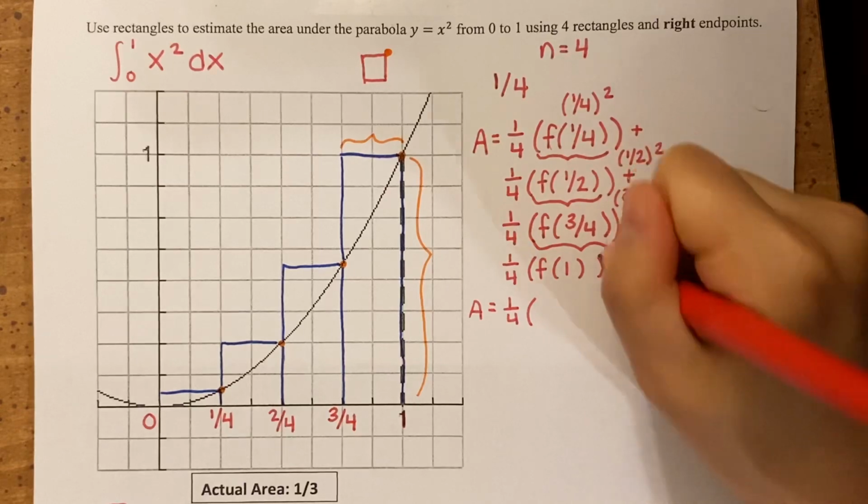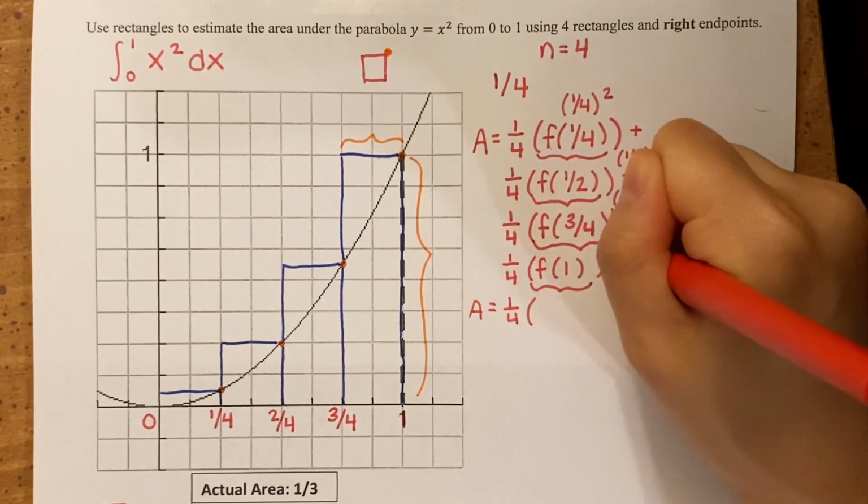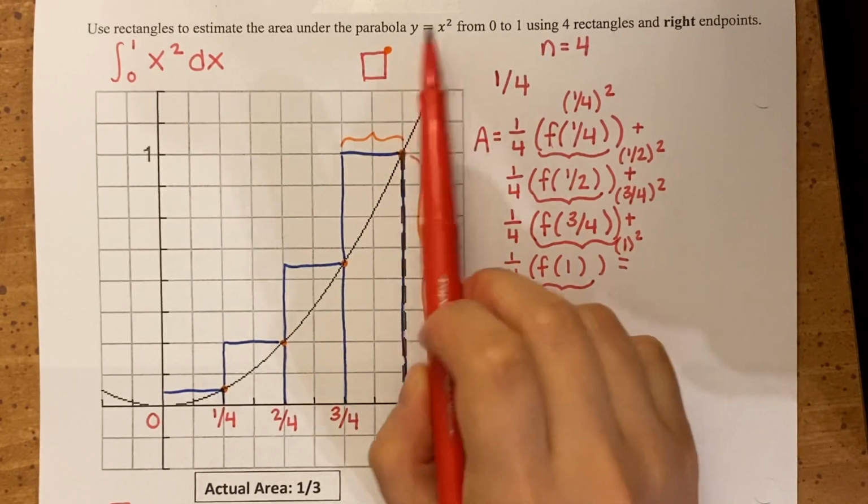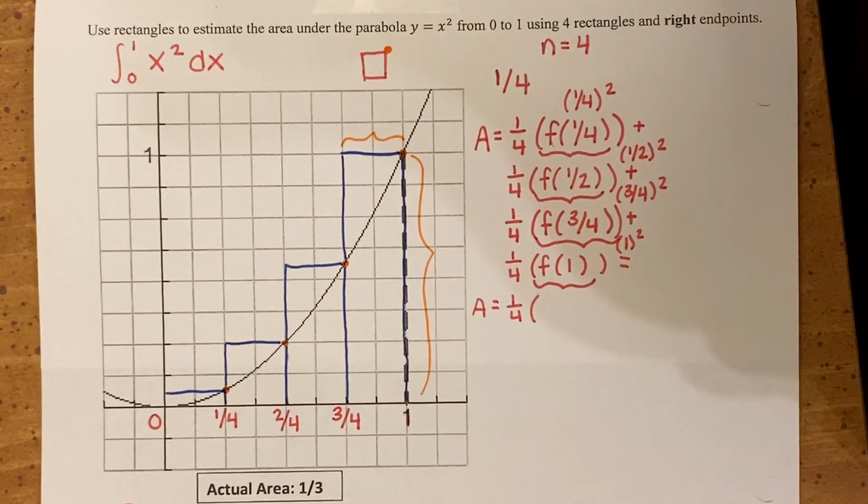And my last one gives me 1 squared, because my function that I'm working with is y equals x squared.